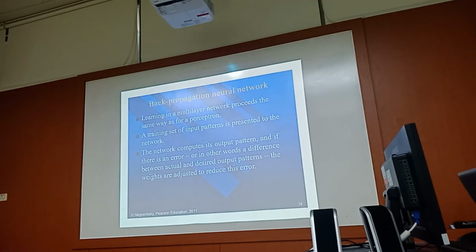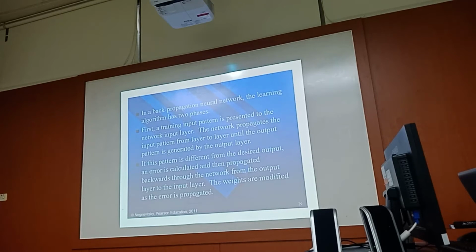And this is the most important supervised neural network, backpropagation. So in a backpropagation neural network, the learning algorithm has 2 phases. One phase is training: a training input pattern is propagated from layer to layer until the output pattern is generated by the output layer.